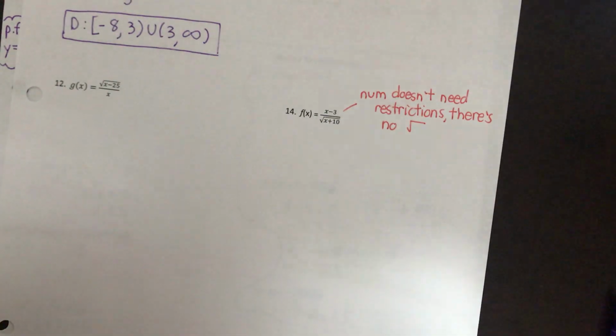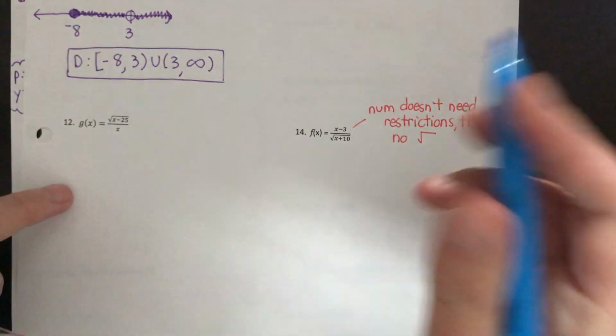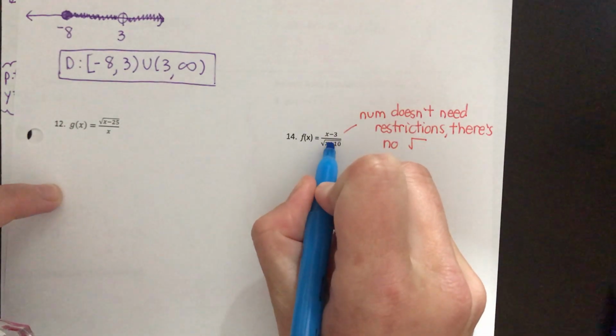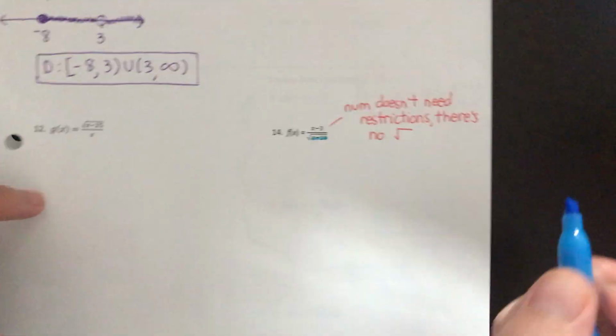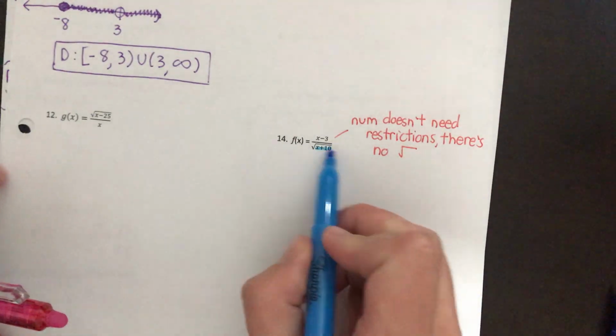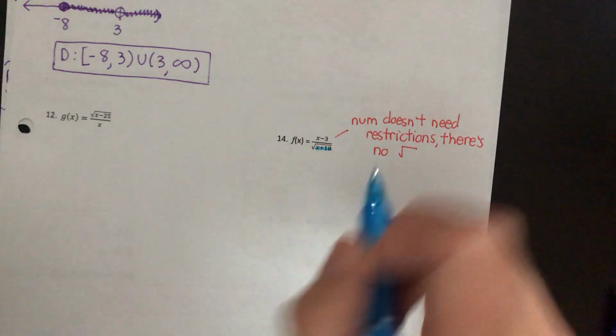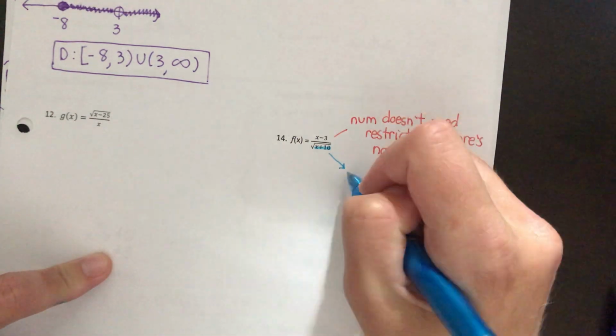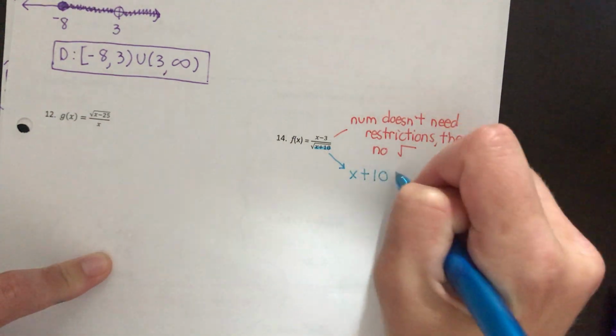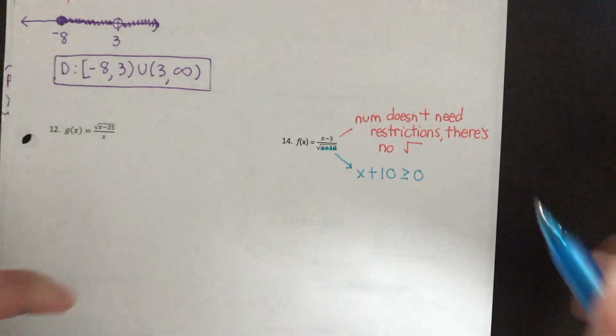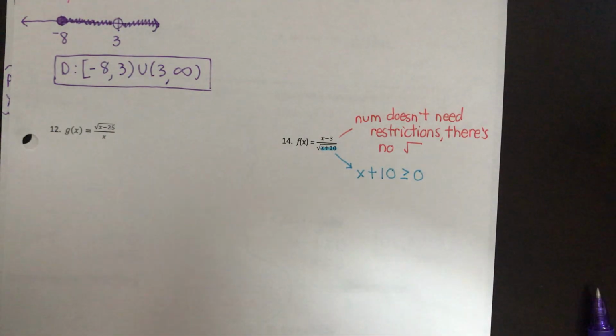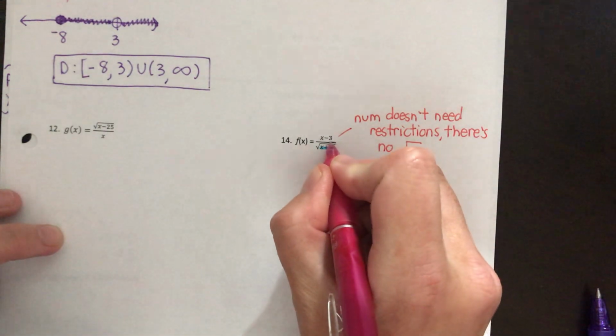However, this is what gets really funky and why I'm trying to use my colors as much as possible to help. So what's in the interior here, this radical in the denominator, just the x plus 10. The interior has to be greater than or equal to 0. But then you also have the restriction on the denominator.